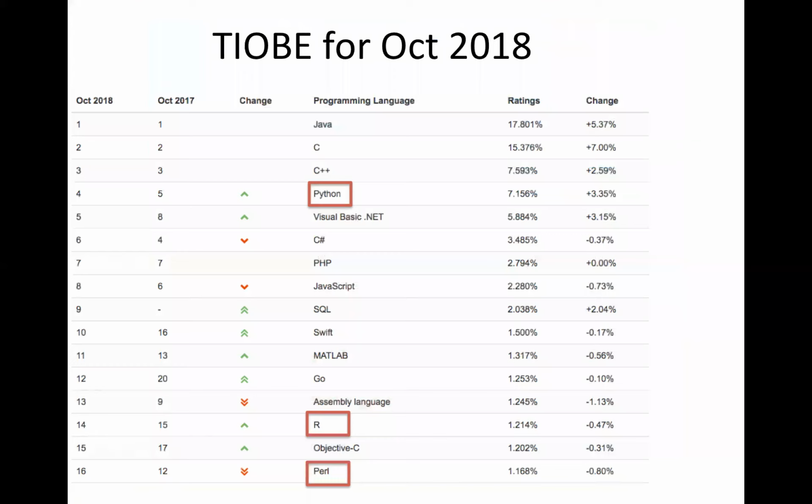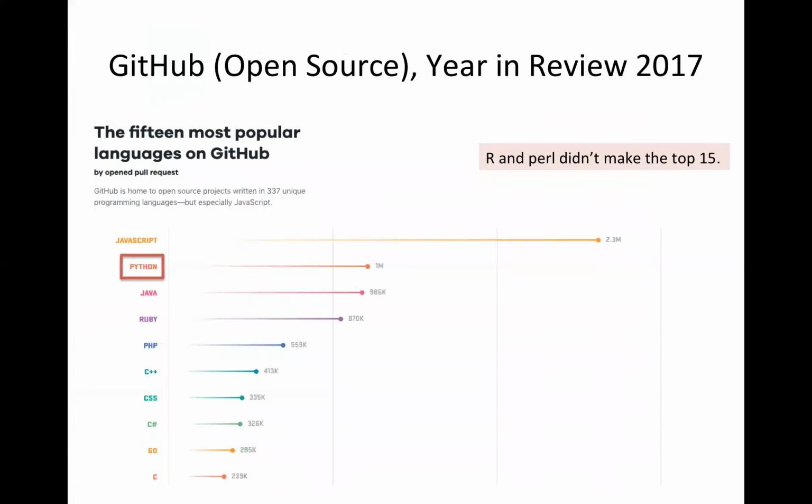This was a survey, I think based on job postings. What are people looking for the most? Python came up 4th, which is not too bad. R was 14th and Perl was 16th in the rankings. So Python is definitely trending upward and is what a lot of employers are looking for.